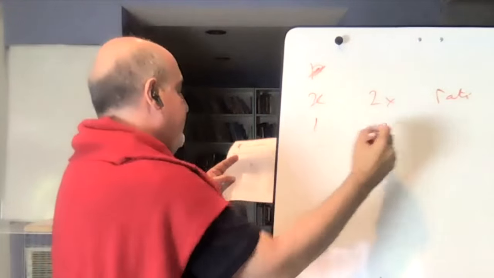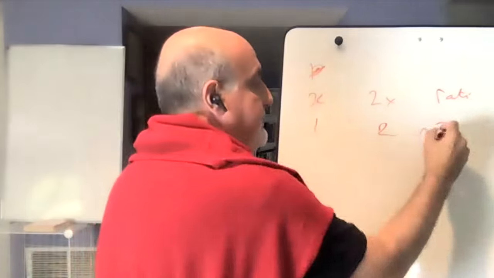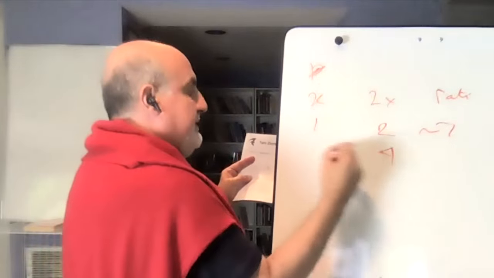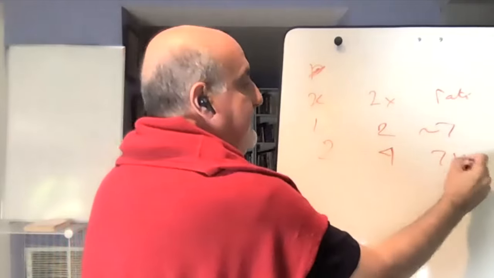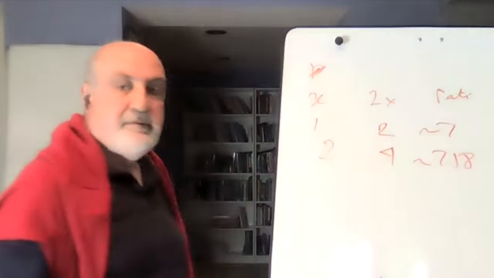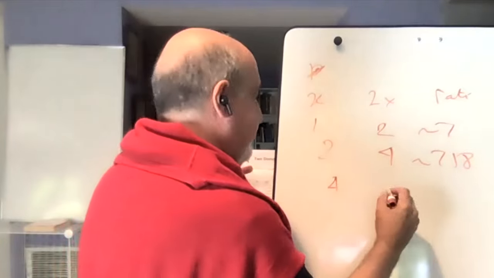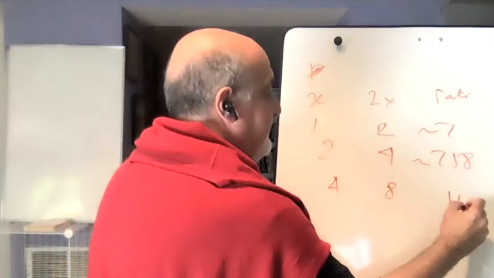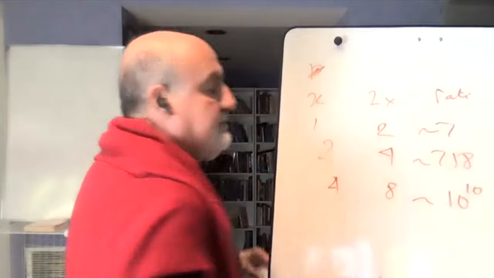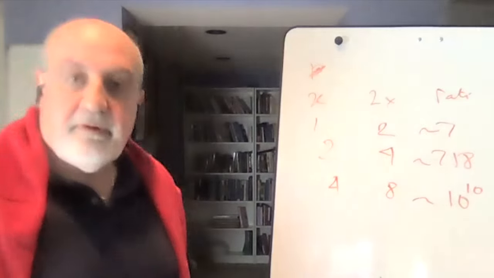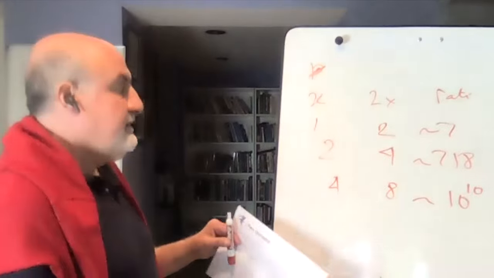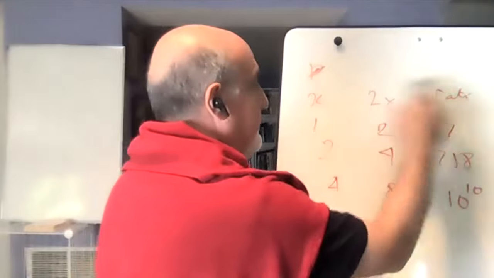When x is 1, 2 sigma over 1 sigma is about 7. 4 sigma over 2 sigma is about 718. 8 sigma over 4 sigma is something of the order of 10^10. So it increases.